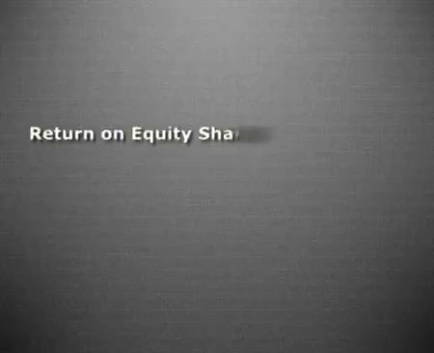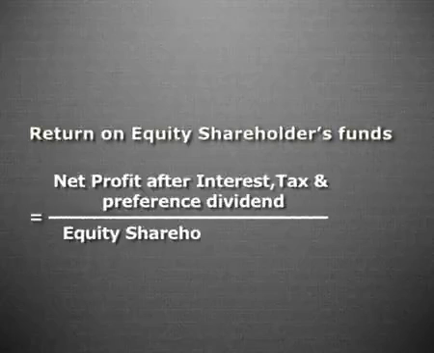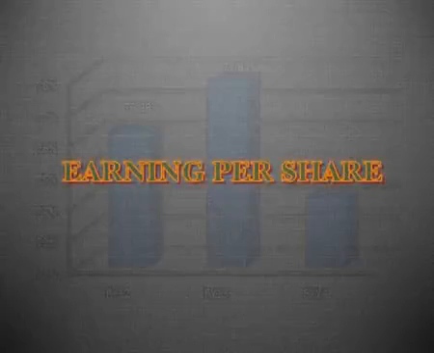The formula for calculating this ratio is as follows. Return on equity shareholders' funds is equal to net profit after interest, tax, and preference dividend divided by equity shareholders' funds into 100.